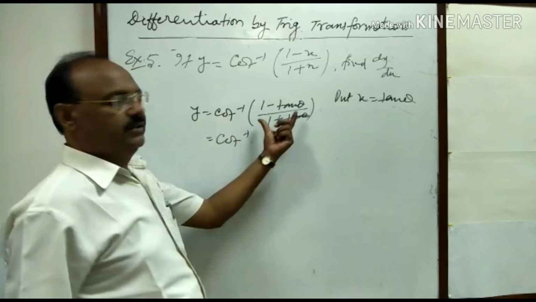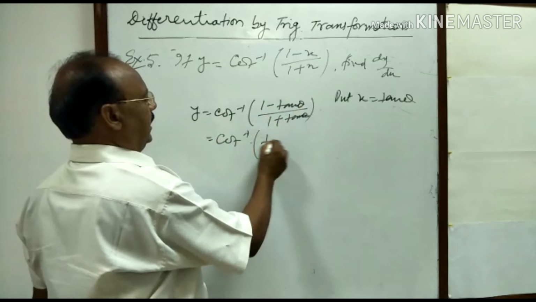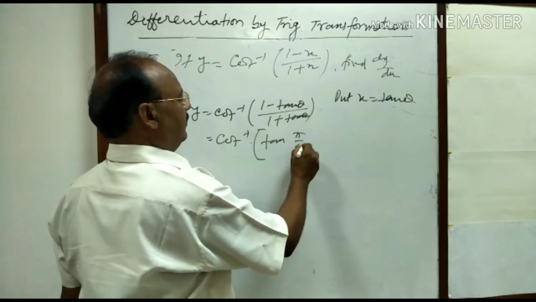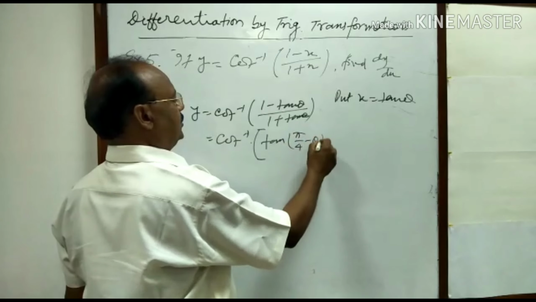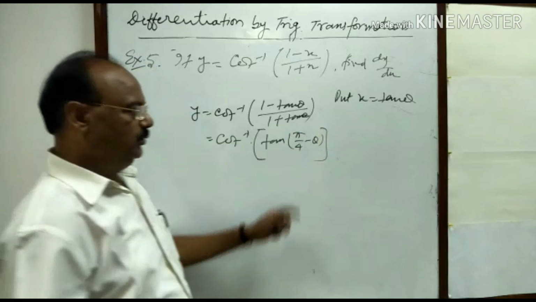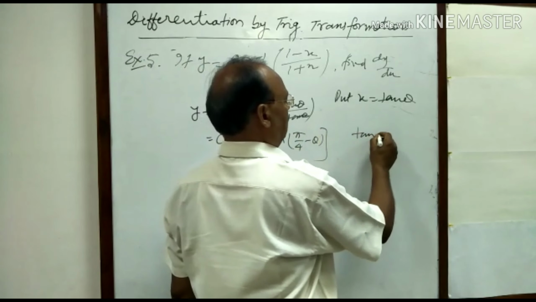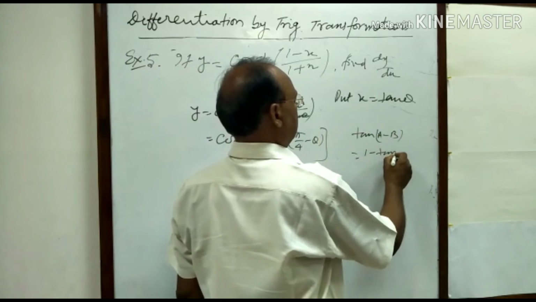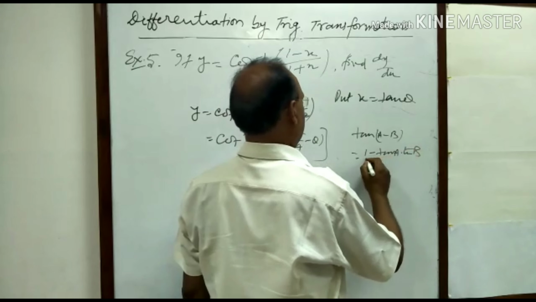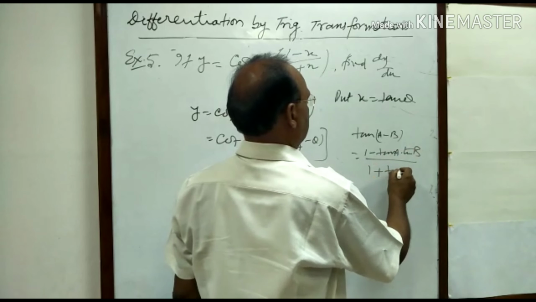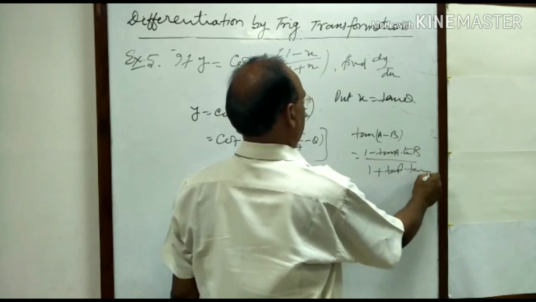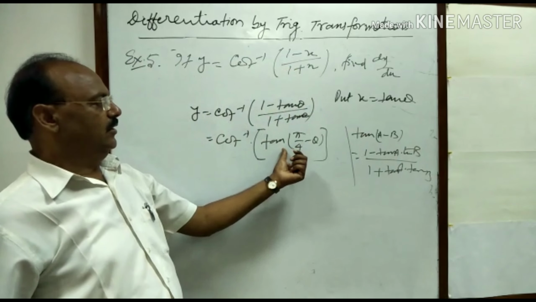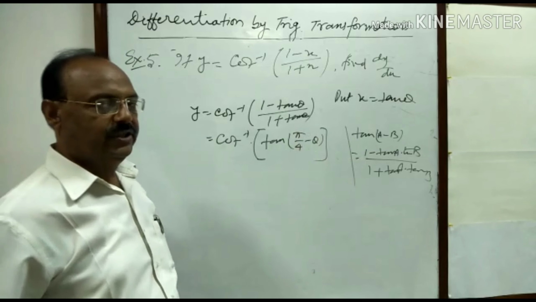This can be written as tan of pi by 4 minus theta. By using this formula, tan of a minus b is equal to (1 minus tan a into tan b) upon (1 plus tan a into tan b), we can write here tan of pi by 4 minus theta.